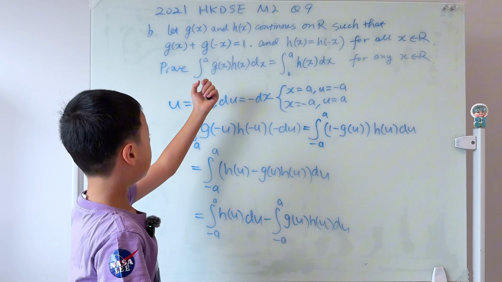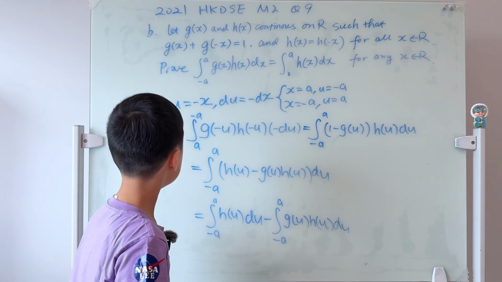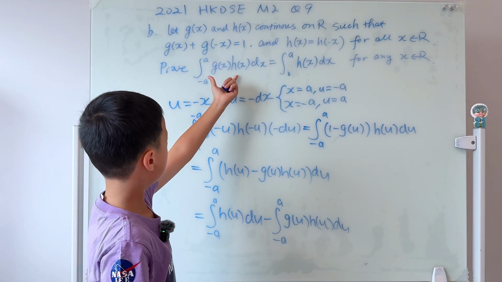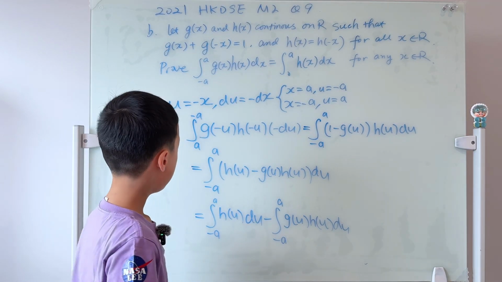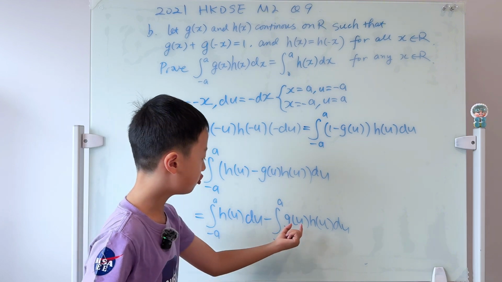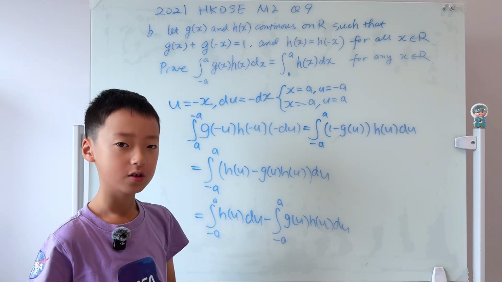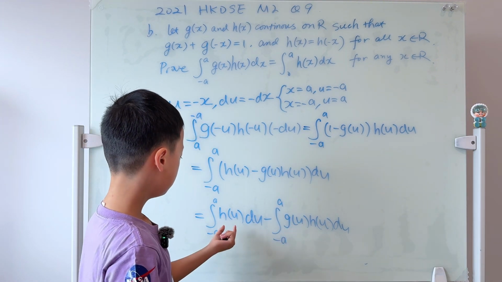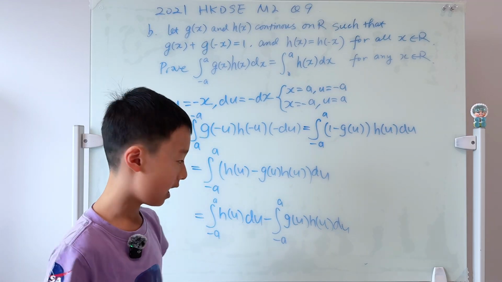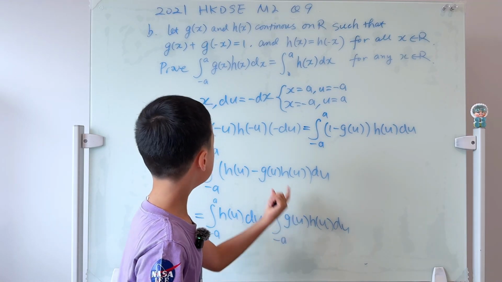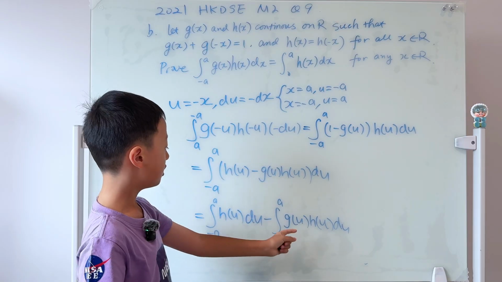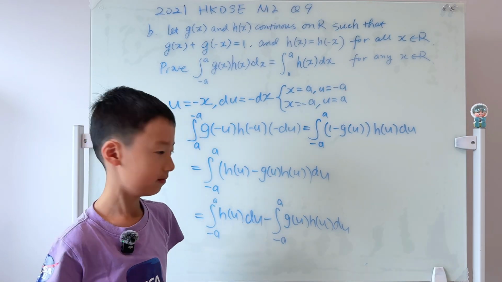We know that this equals all of this, but this is variable x and this is variable u. That's fine because we can just change this u to x. If we do two steps at once, change this into x in your mind, and then you see this is the same as that. So we can move this to the left hand side.